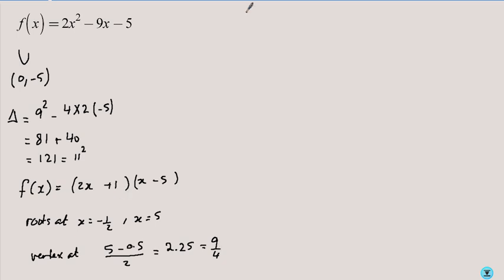So the y-coordinate of the vertex is f of 9 over 4, and this equals 2 times 9 over 4 is 9 over 2 plus 1, times x minus 5, you substitute 9 over 4 minus 5.